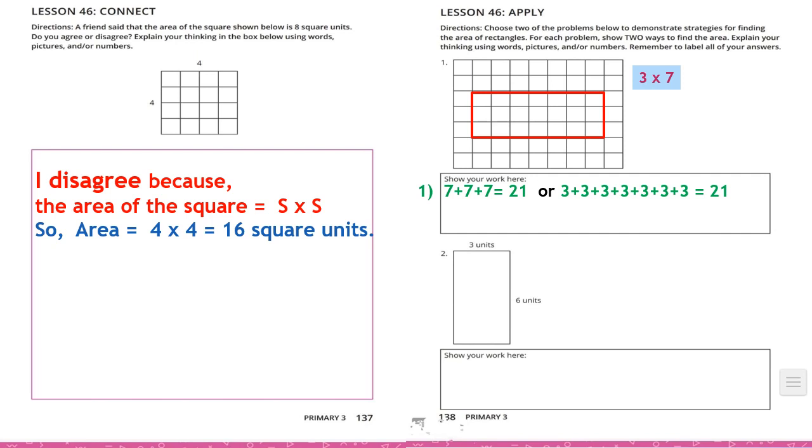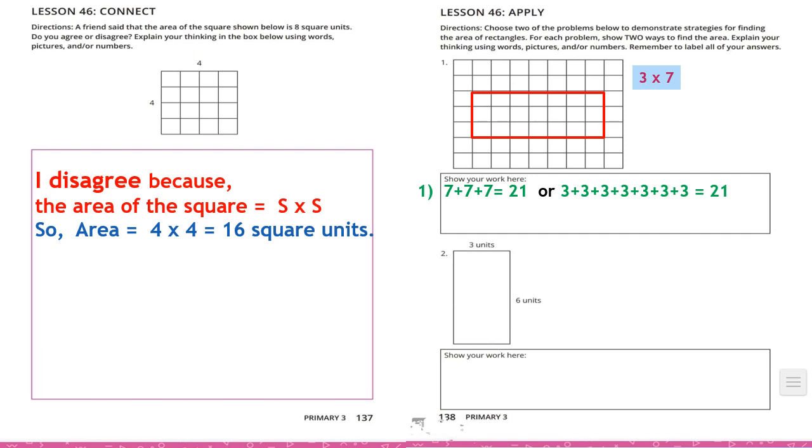Or we can find the repeated addition by columns. We have 7 columns. Each column contains 3 squares. So we will add 3 plus 3 plus 3 plus 3 and so on. 7 threes. All of them equals 21. This is the way by repeated addition.